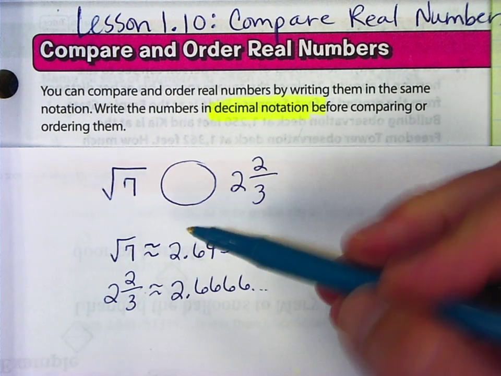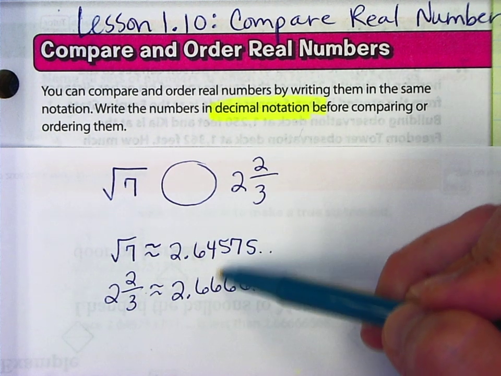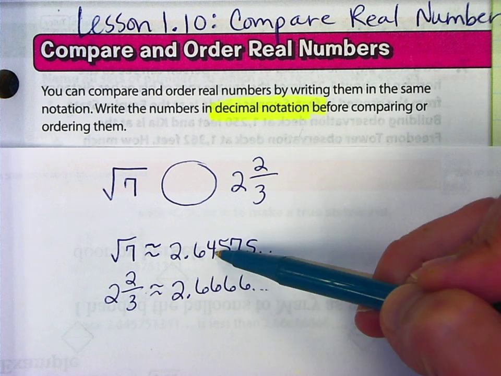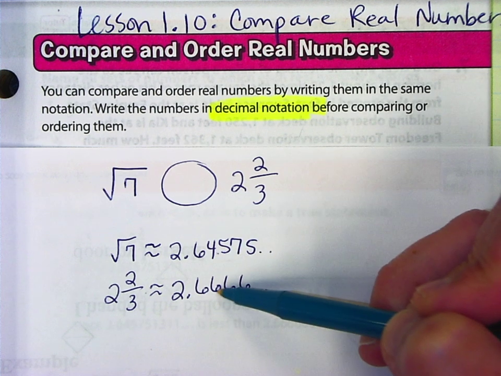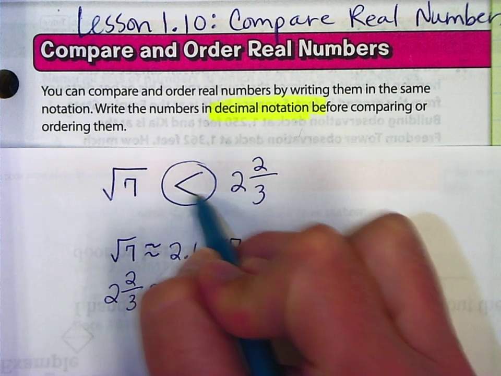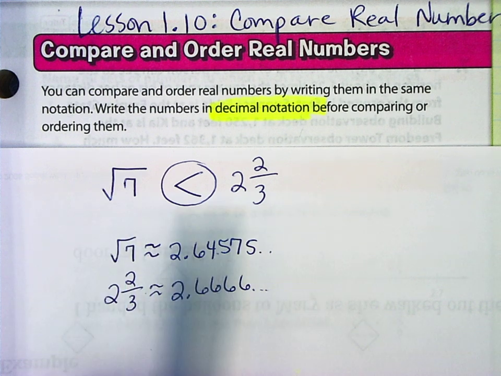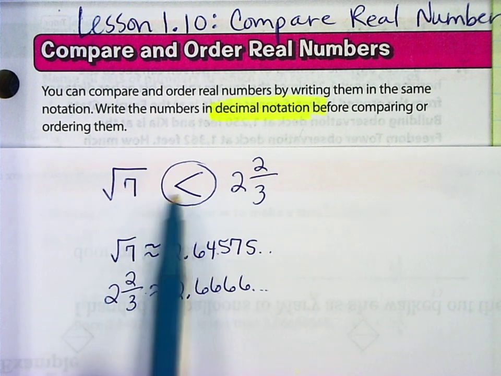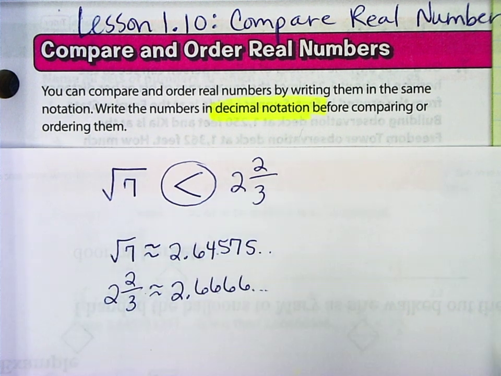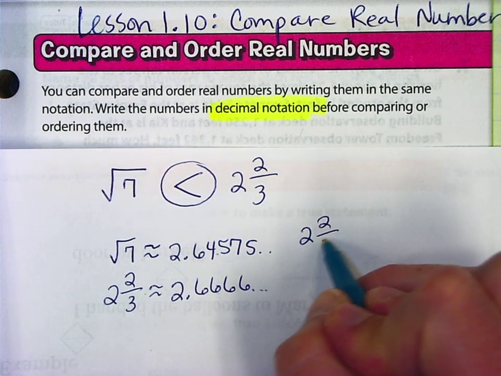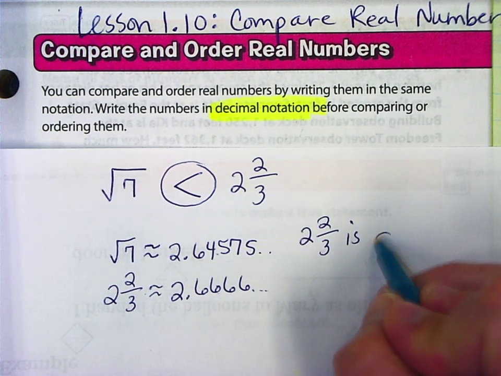So now just compare. Right here you can see that 6 is bigger than 4, so 2 2/3 is slightly bigger. So we would write that the square root of 7 is less than 2 2/3, or you could say 2 2/3 is greater.